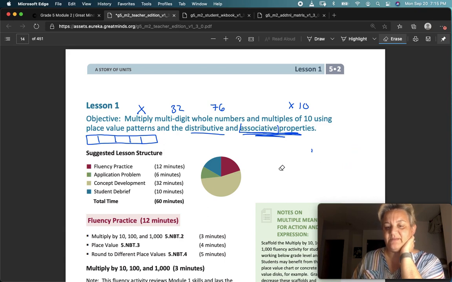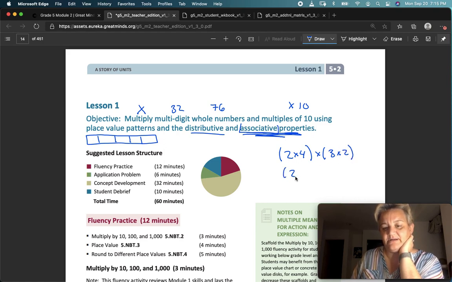The distributive property says that if I have numbers inside of parentheses, I can move them around as well. So if I wanted to move this 3 over, this 2 over here, and this 4 over there, oh my goodness, that is a 2.